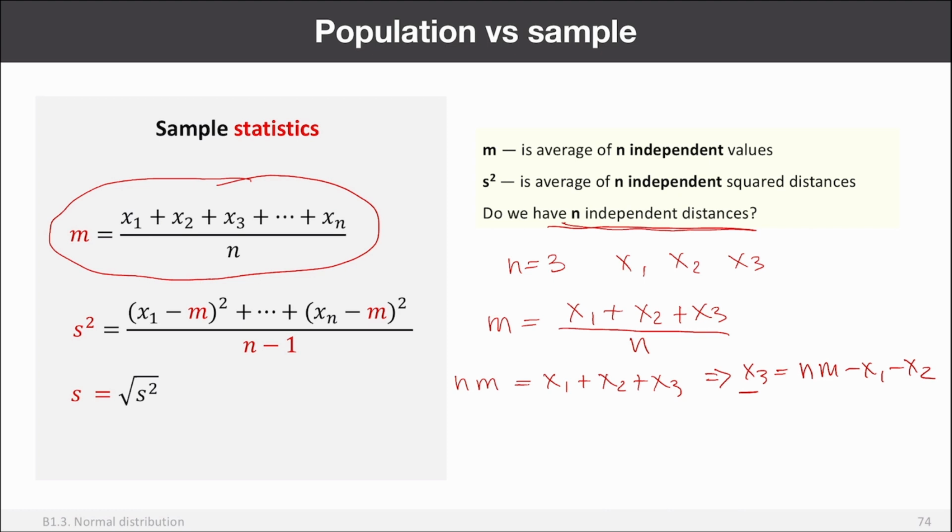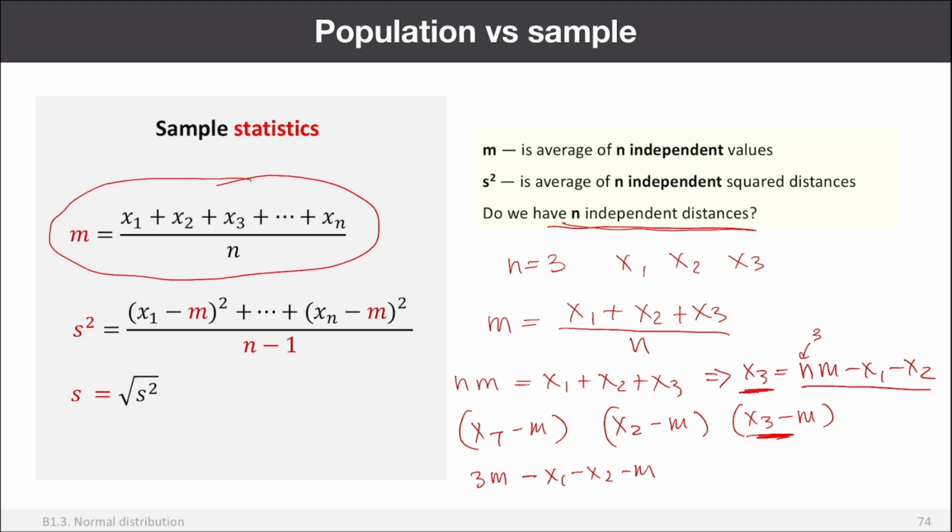What does it mean? You remember we have distances: x1 minus m, we have x2 minus m, and then we have x3 minus m. But what is x3 minus m? You remember x3 is this one, and you remember n is equal to 3, so this is 3, right? So it means that this value is the following. It's 3m minus x1 minus x2 minus m. I simply wrote this instead of x3.